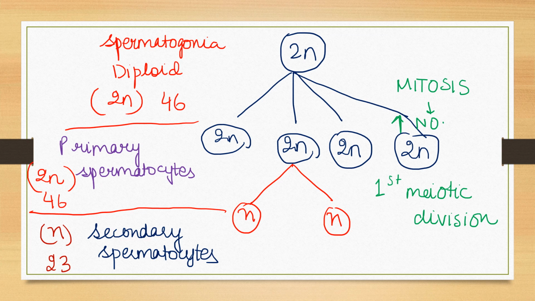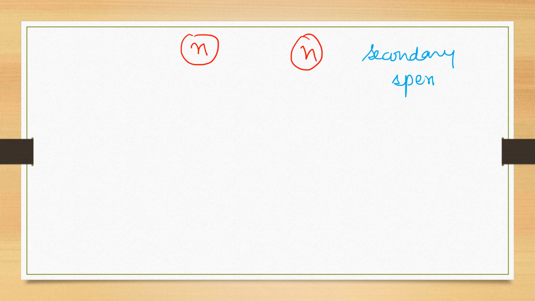So now what happens after secondary spermatocytes? Let us know. The two secondary spermatocytes that we got are already haploid and have 23 chromosomes in them.